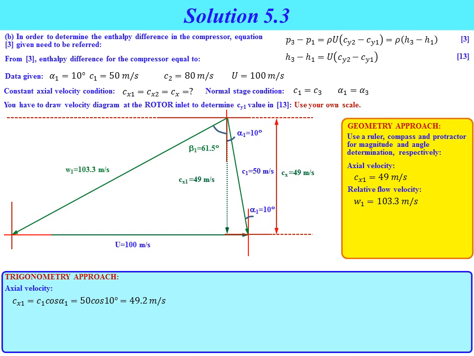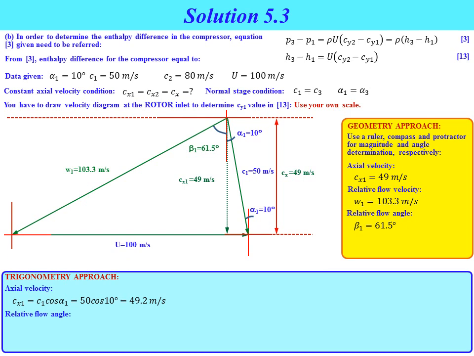We can also measure with a protractor the relative flow angle, and we obtain beta 1 equal to 61.5 degrees.